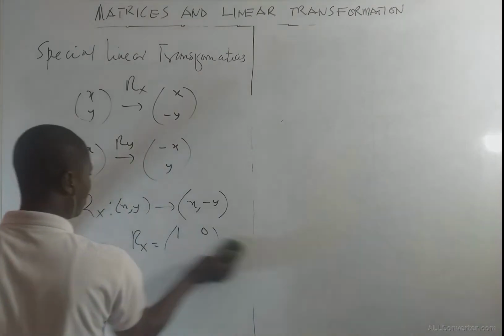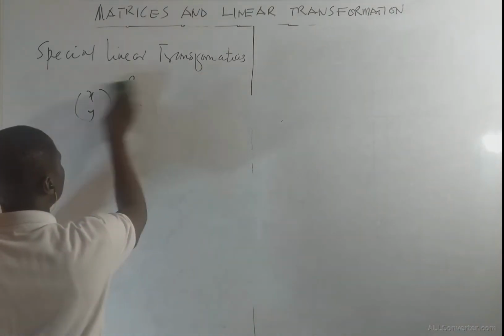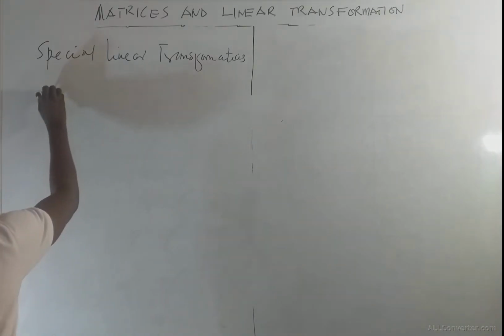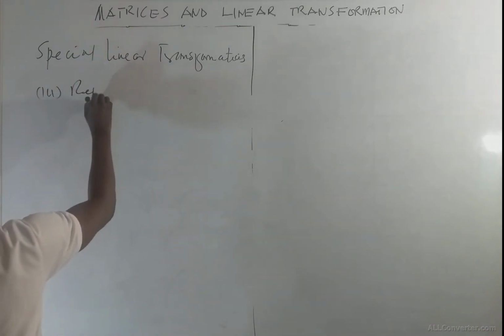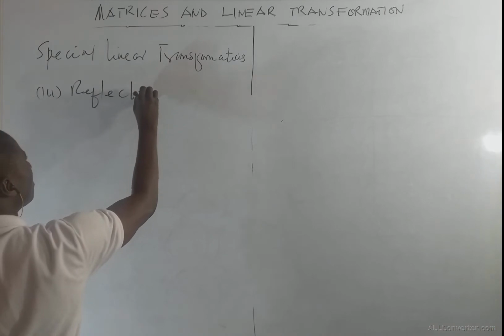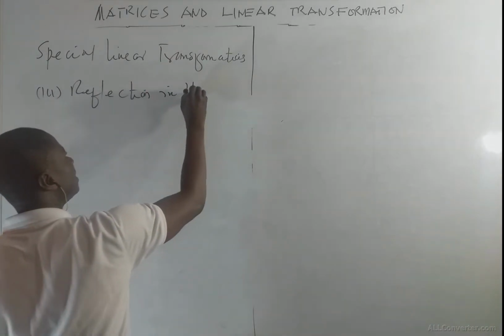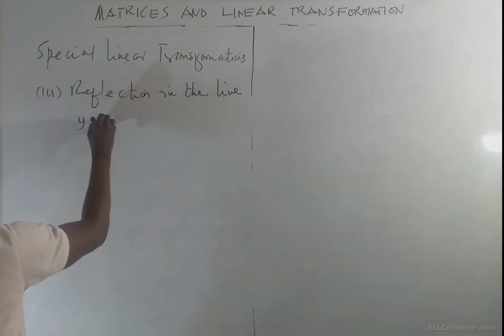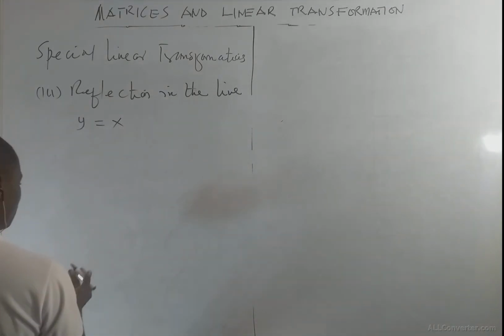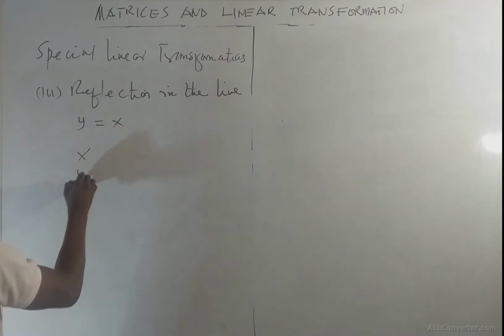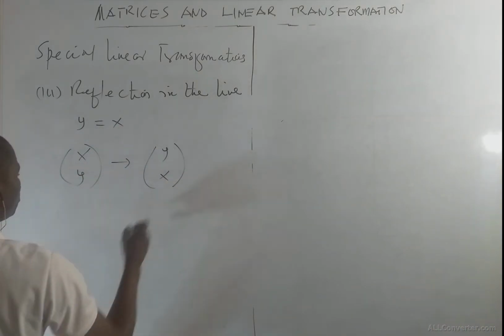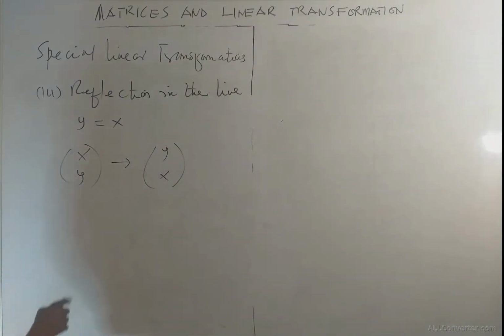Now we are going to continue with our special transformations. We are now looking at reflection in the line y = x, and for reflection in the line y = x, the mapping is (x, y) maps to (y, x).